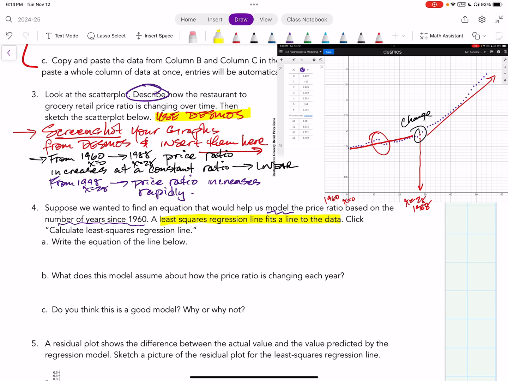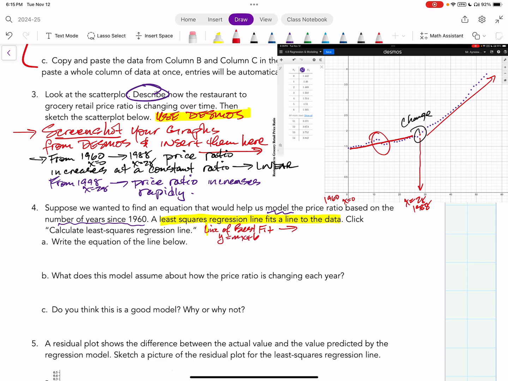Okay, now a least squares regression line is a fancy name for something you learned hopefully back in middle school called the line of best fit. So let's put this in red. So line of best fit, that's what they called it in lower level math. Okay, where you get a set of linear data and you actually draw a line through it, and you call it a line of best fit, which has the form of y equals mx plus b because it's linear.